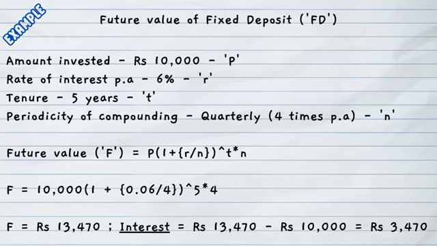That is, the banks compound this interest 4 times per year. This 4 times per year is abbreviated as N. So now we have all the details that is needed to find the future value of rupees 10,000 after 5 years at 6% per annum.